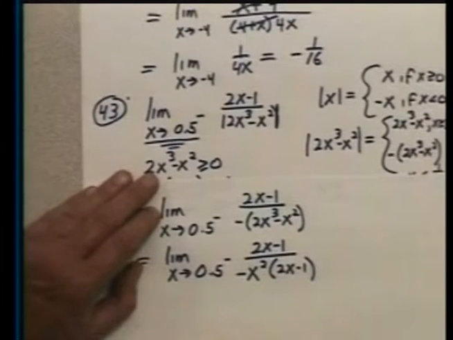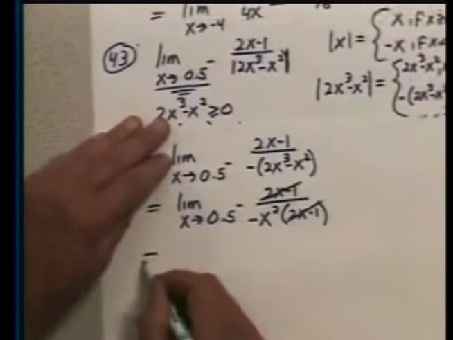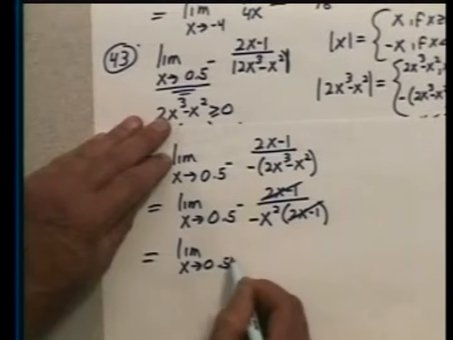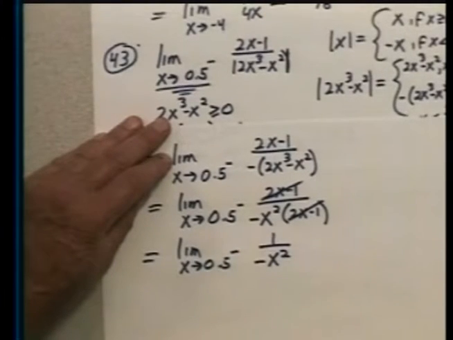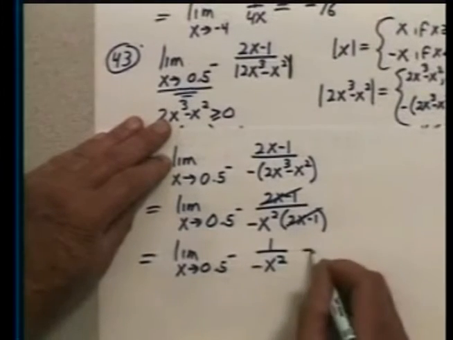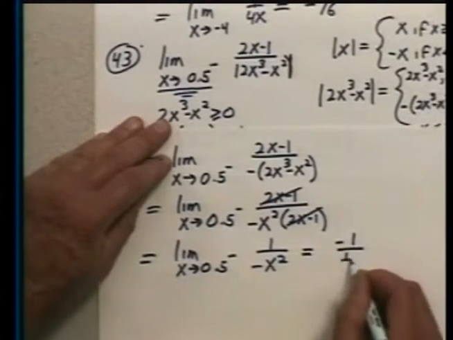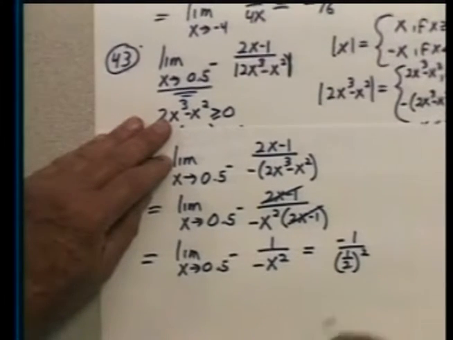And what happens to the 2x minus 1? And so I just have to take the limit as x approaches 0.5 from the left of 1 over minus x squared, which is minus 1 over 1/2 or 0.5 squared, which would end up being what?